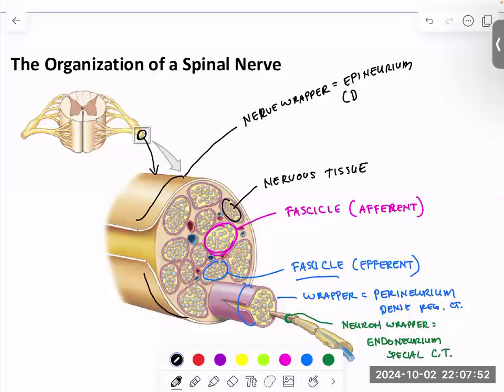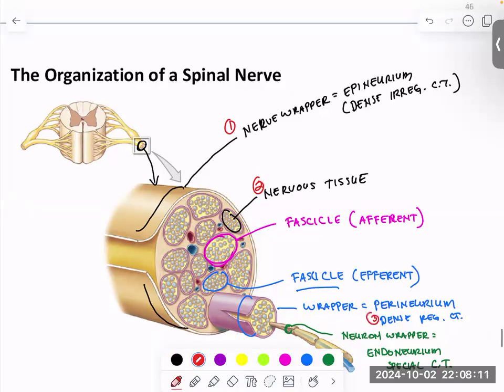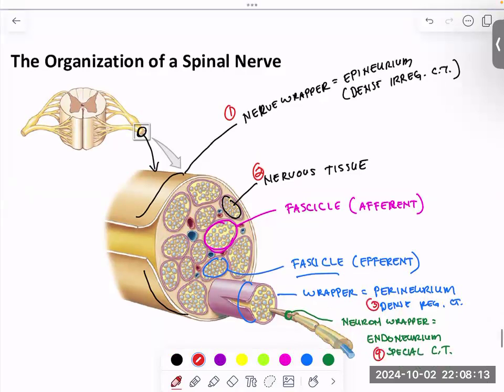This one is made of dense, irregular connective tissue. So technically we have one tissue, two tissues. Where's the other one? Three tissues, four tissues. Oh, special. Don't forget the ones in the blood.